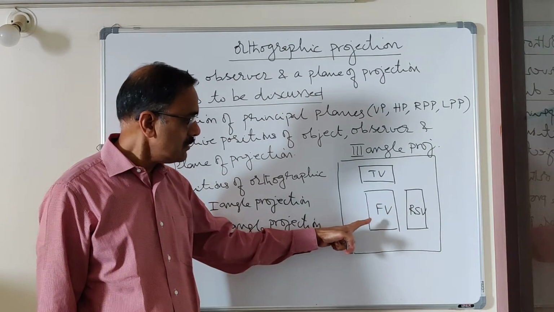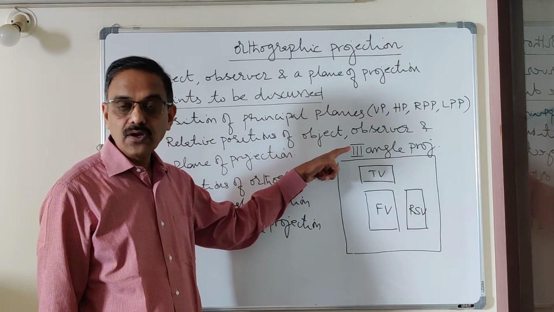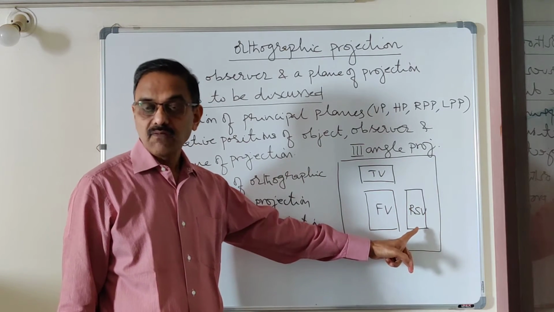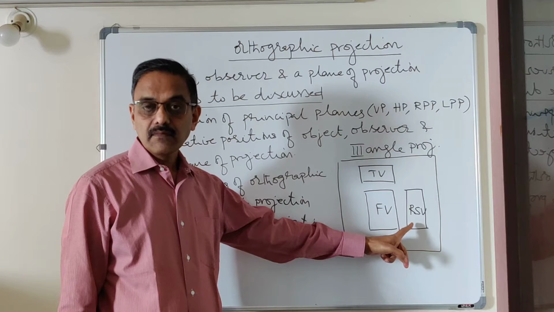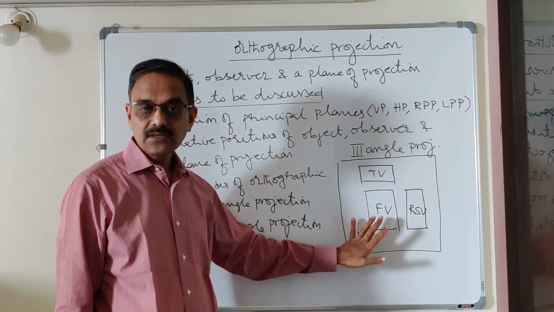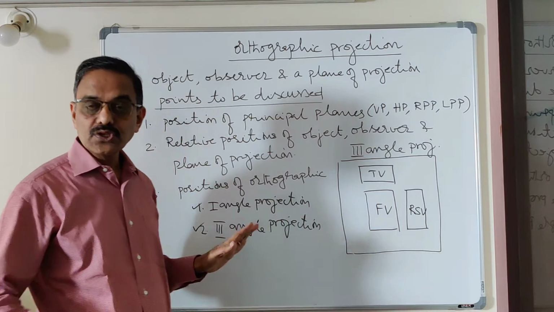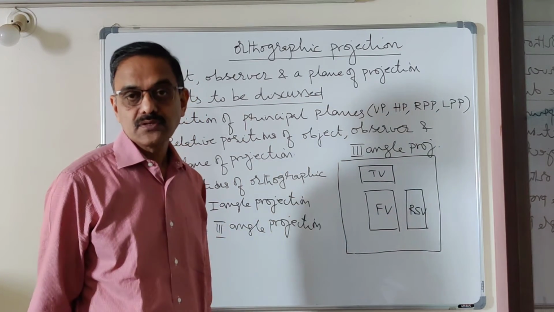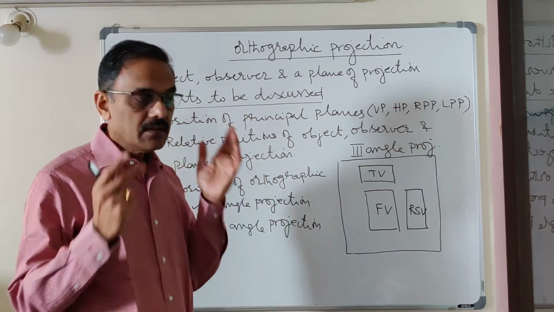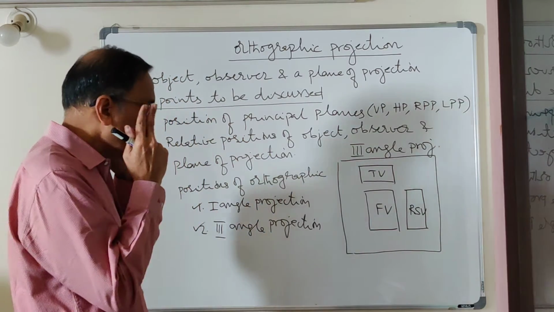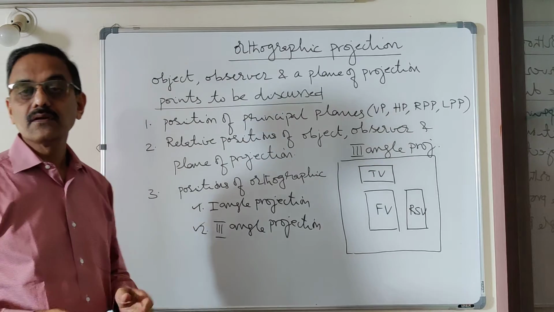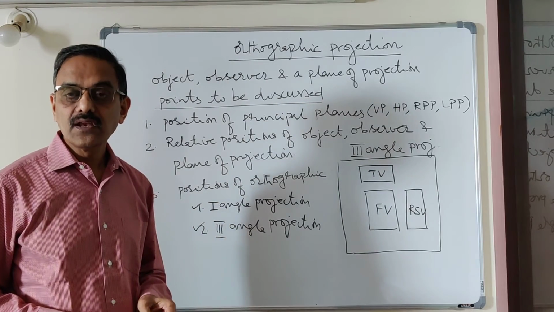In third angle projection, the top view is obtained on top of the front view, the right side view is obtained on the right itself. Why is it happening like this? It is happening because of the positioning of the orthographic planes and the relative positions. Okay? So this is about the first angle and third angle projection methods, which is very, very important.